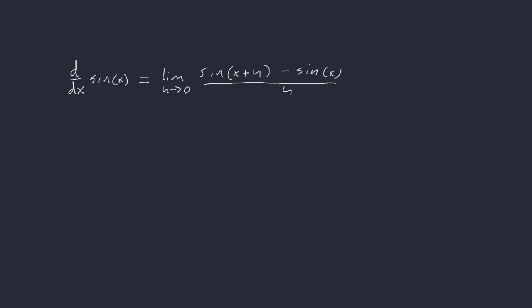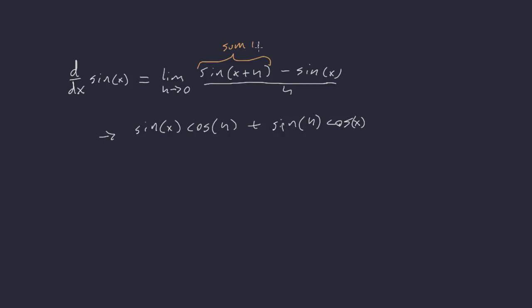And here we're going to use the sum identity for trig. So this is going to end up being sine of x times cosine of h plus sine of h times cosine of x.